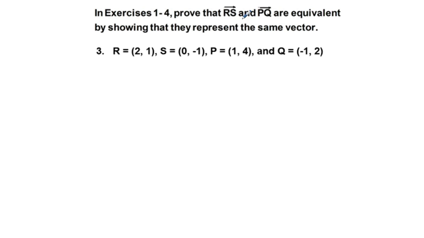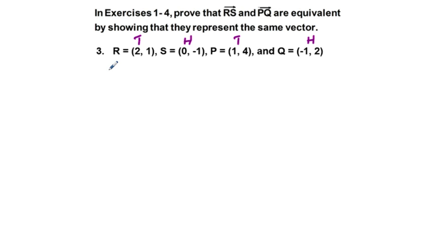Same technique, RS and PQ. So we have head minus tail. And then for PQ, we have head minus tail. So it's a matter of organization again. So we have vector RS. There's what I want to do.